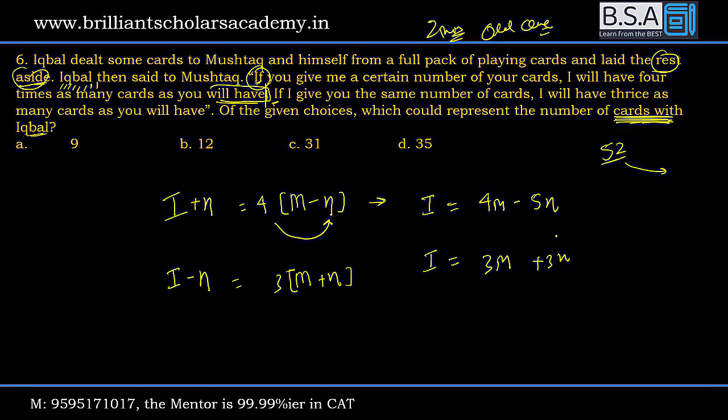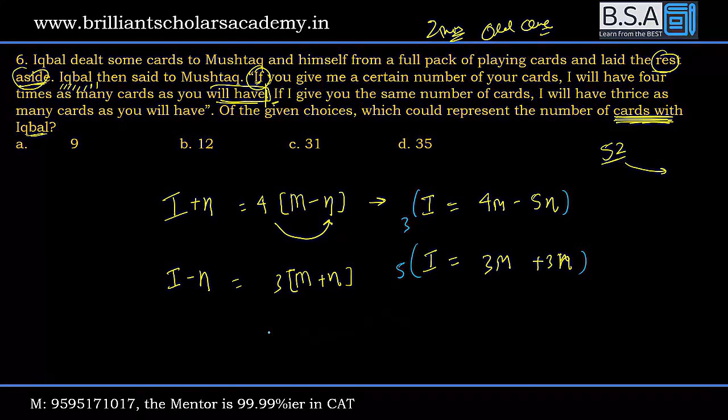Now you might be thinking, sir, let's cancel I. But you are looking for the value of I. Why would you cancel it? See what I am doing. I am multiplying the first equation with 3 and the second equation with 5.